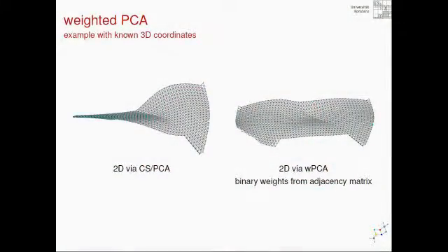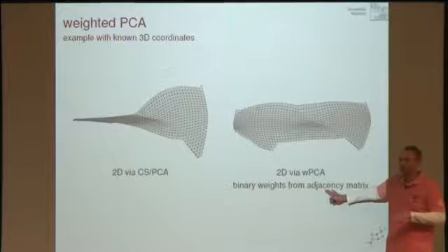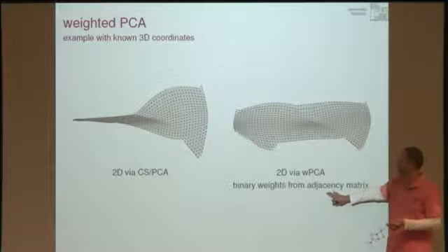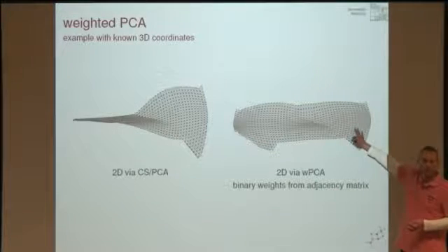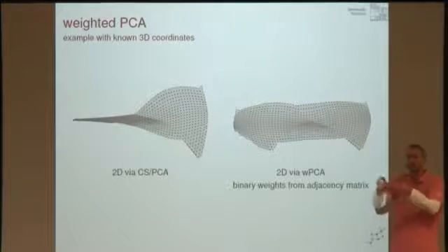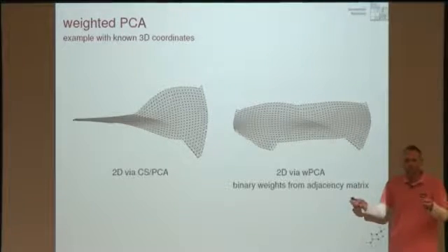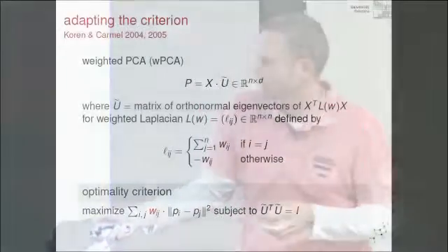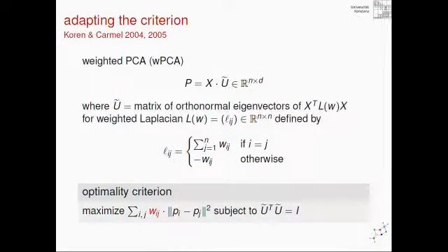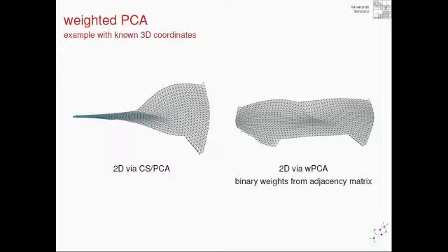And this is the result if we just take the adjacency matrix as the weighting scheme, compute the Laplacian out of this, and then enter this into the eigenvector computation, then this is what we actually see of this three-dimensional projection. Because we're now maximizing the length of the edges in the graph. Right? The weights filter out all of those pairs that are not connected. So now we're not maximizing all the distances, but only those distances between nodes that are adjacent. This is why we see more of the edges in this projection.